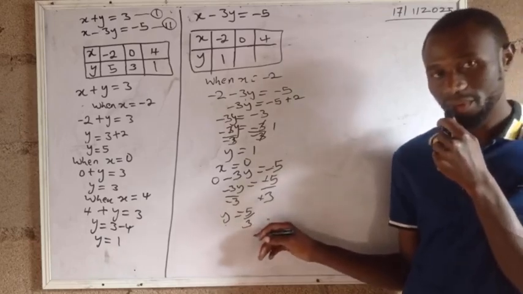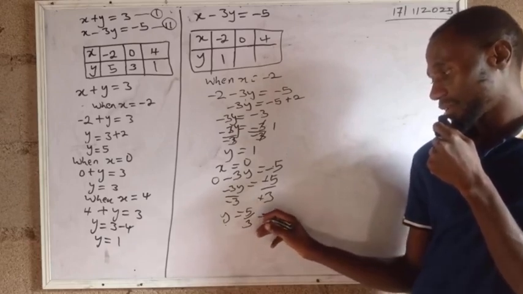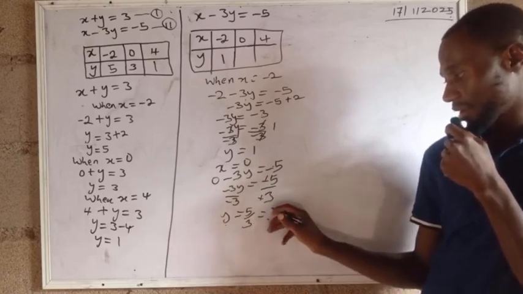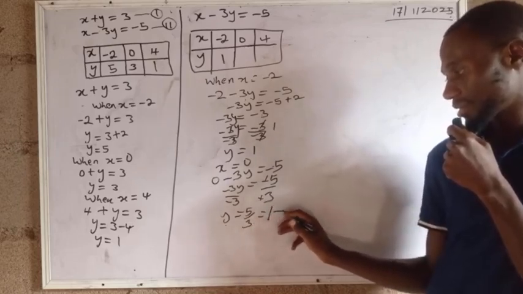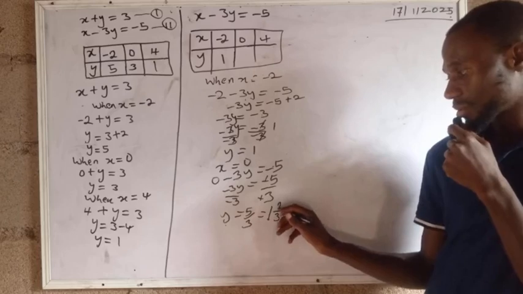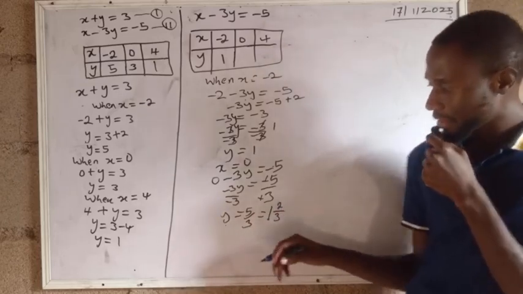This is an improper fraction, so we leave it in the form of a mixed fraction. 3 into 5 is one whole number, remainder 2. 1 times 3 plus 2 is 5.